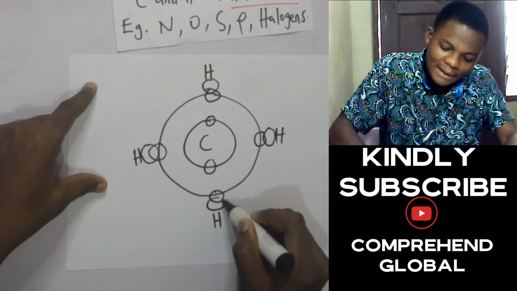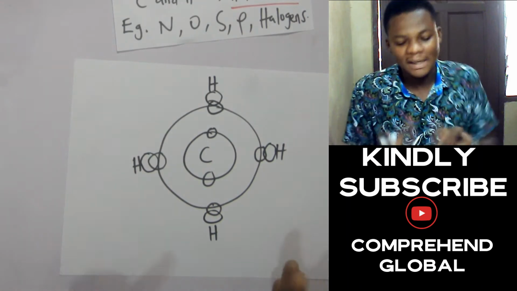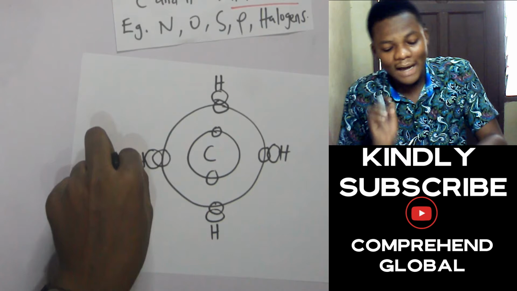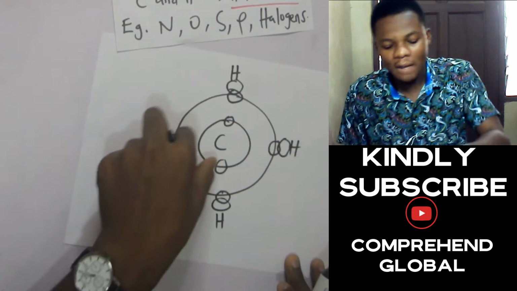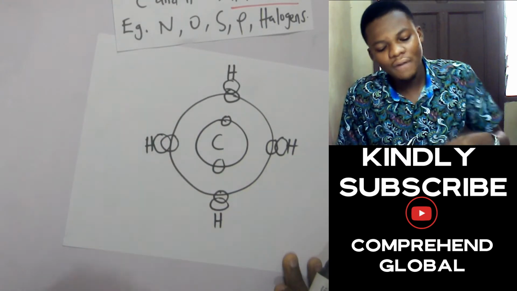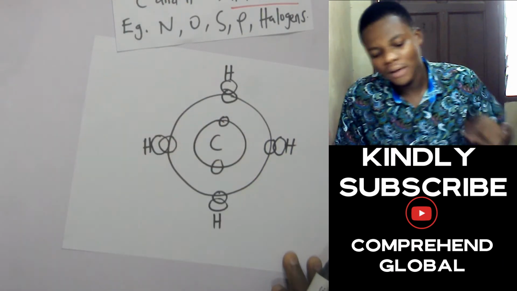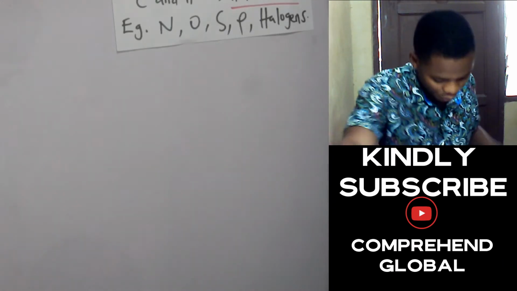So they covalently link. That is how we get methane. Four hydrogen atoms, each hydrogen has a valence electron of 1. Carbon has valence electrons of 4, looking for four bonds. That is how carbon actually forms four bonds.